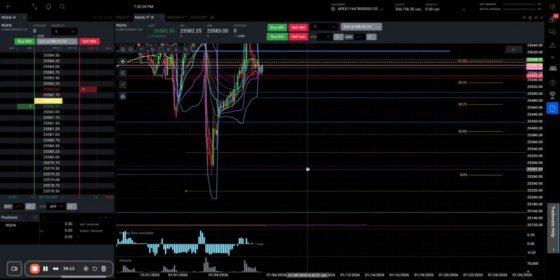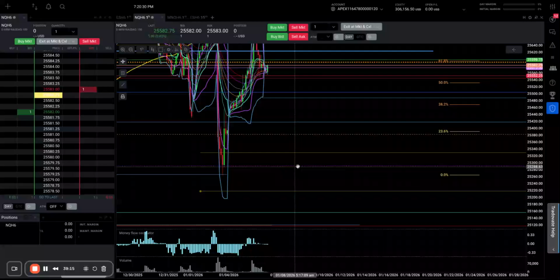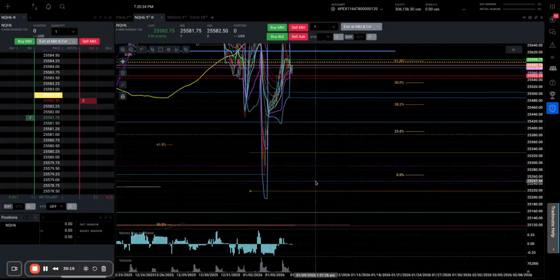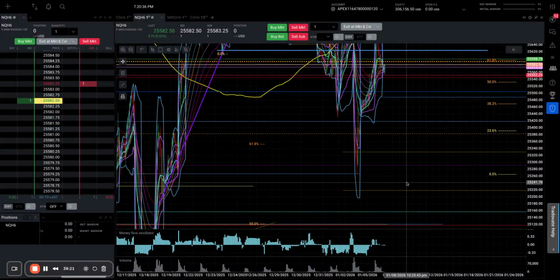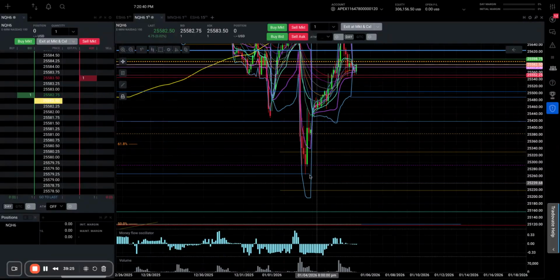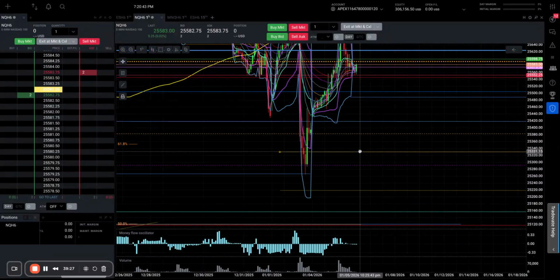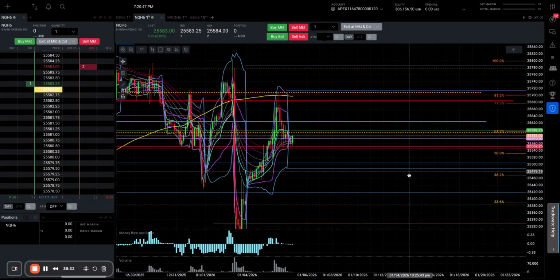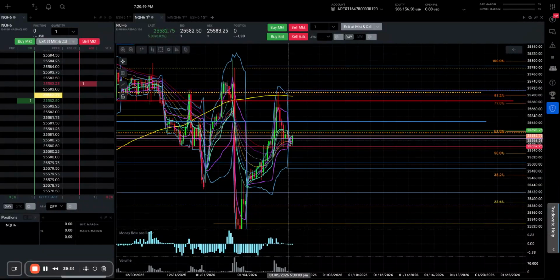I use different colors for different days, but I still have them dotted to let me know where my 6 and 10 a.m. zones were. Okay, so those are your zones, guys. These are bounce levels. This is how you can map out how the market's gonna move, because it's gonna move in these zones.